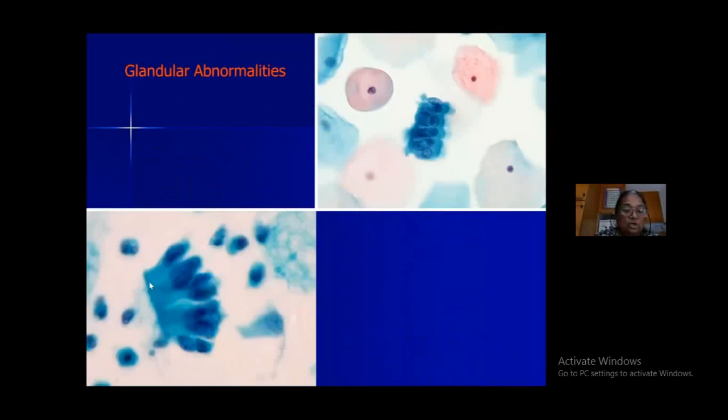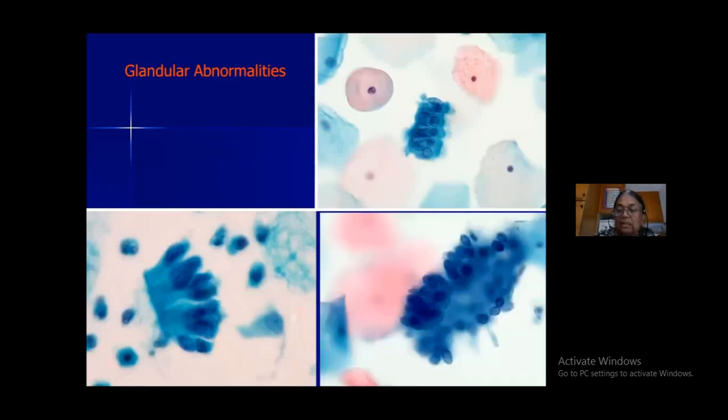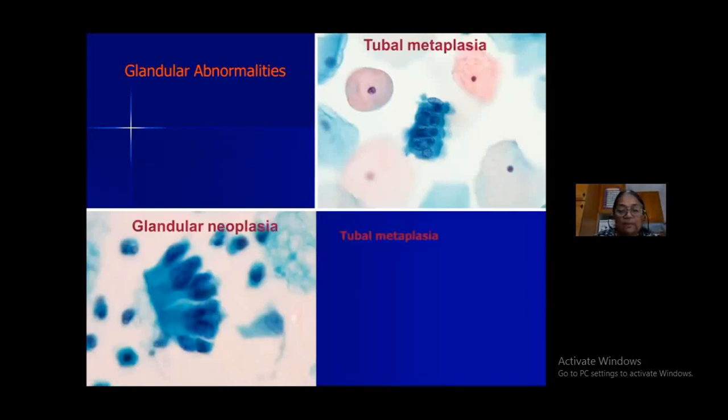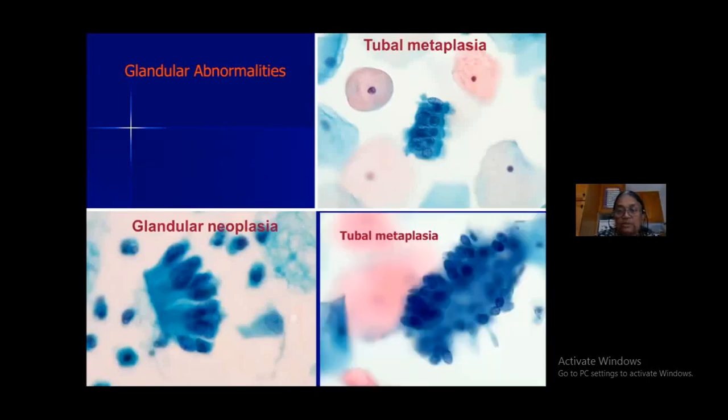So this is a sharp cytoplasmic community border. This is glandular neoplasia, while this one has no sharp border. It's lumpy and has cilia. So this is tuboendometrial metaplasia, negative. Even without cilia, you can see that it's lumpy, so it's negative tuboendometrial metaplasia or tubal metaplasia.